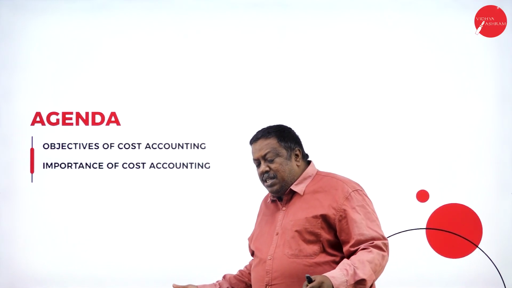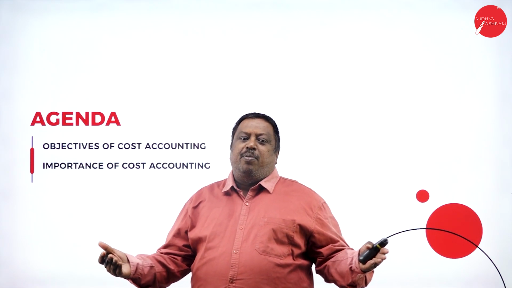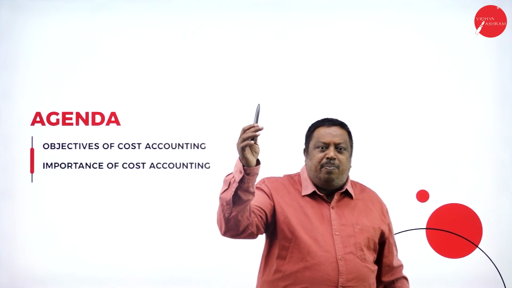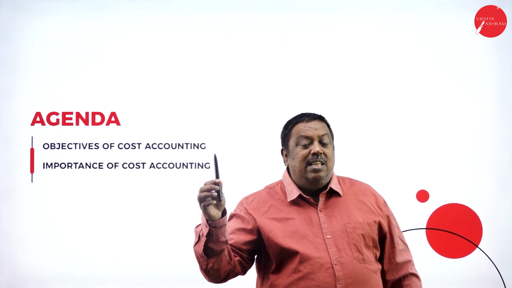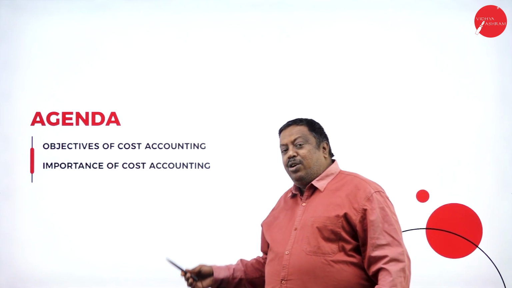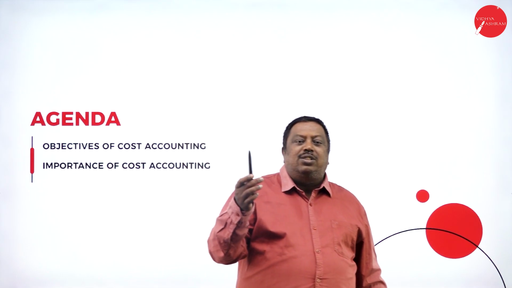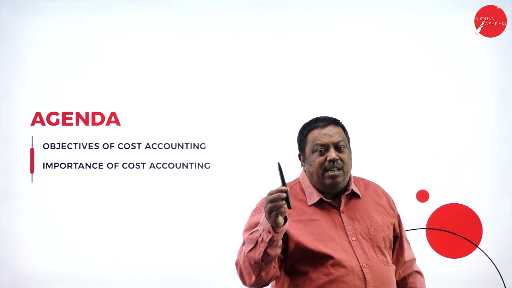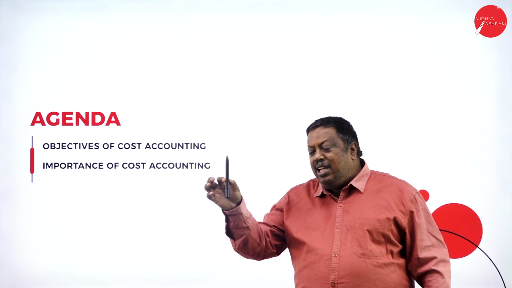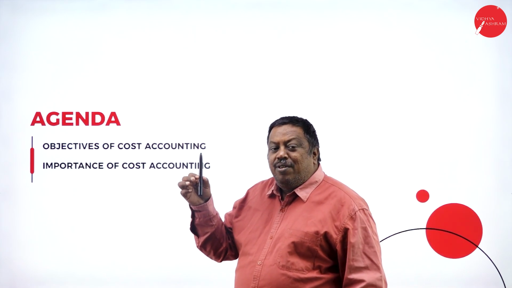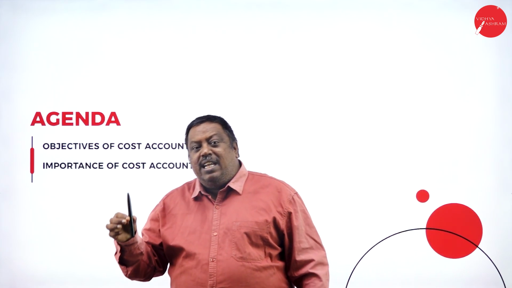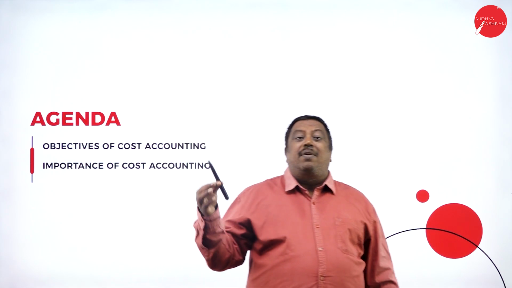Cost, in general terms, is called the price of the product. What is the price of the product for a common person? If you're doing any business, what is the cost of expenditure incurred to purchase this commodity, how much to fix as profit, and what should be my selling price?